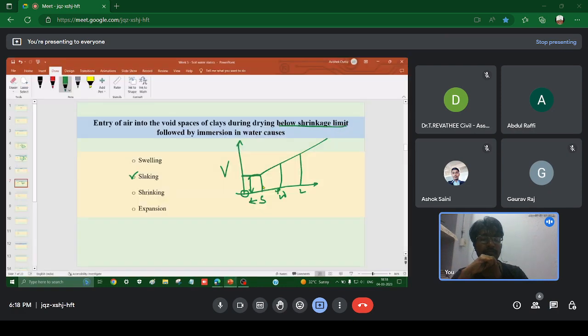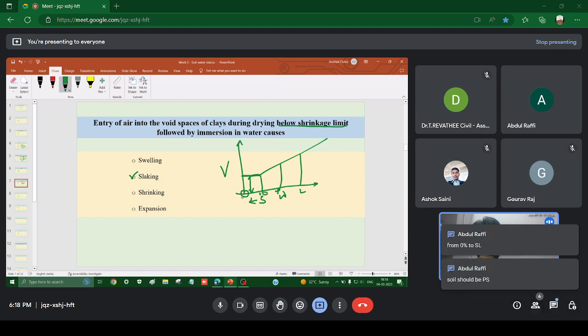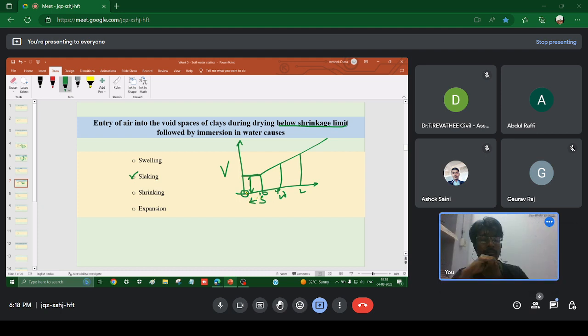That can be any value. Let's say the shrinkage limit is 10. So drying below shrinkage limit is any value from 0 to 9. If I take 0, the sample is dry, and if I immediately immerse that sample in water, that will cause slaking, right?